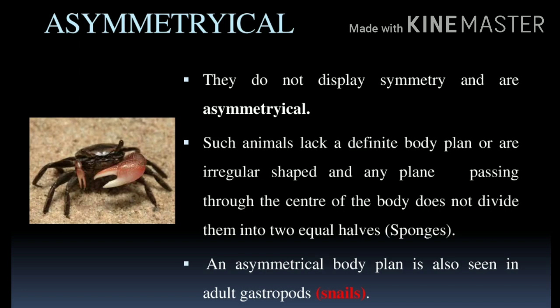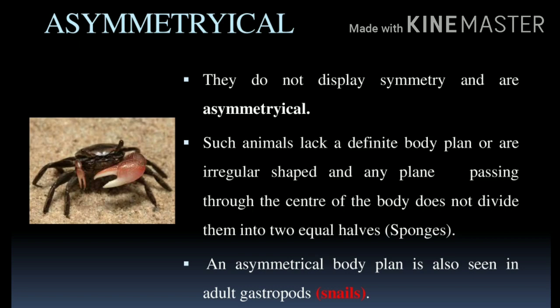That is called asymmetrical, because such animals lack a definite body plan, having an irregular shape. Any plane passing through the center of the body does not divide them into equal halves. An example is sponges. An asymmetrical body plan is also seen in adult gastropods, that is, the snails.